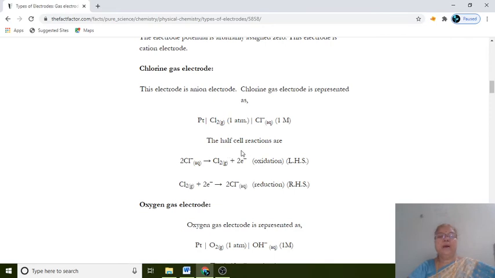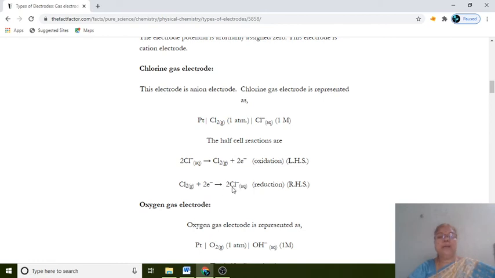Then the half cell reactions: here we can write 2Cl minus gives Cl2 plus 2 electrons, and this is the oxidation reaction. And here Cl2 gas plus 2 electrons gives 2Cl minus.